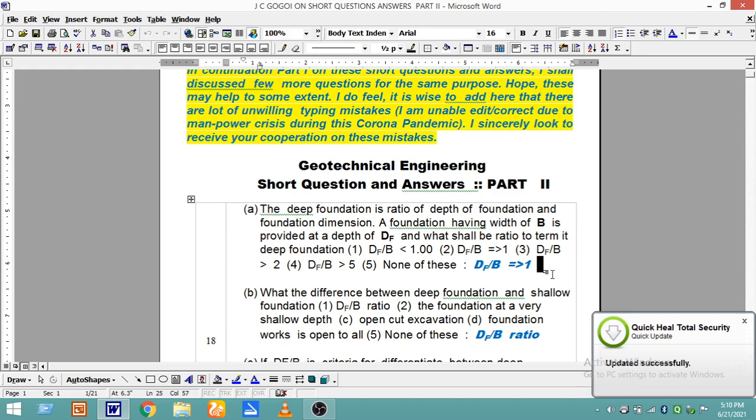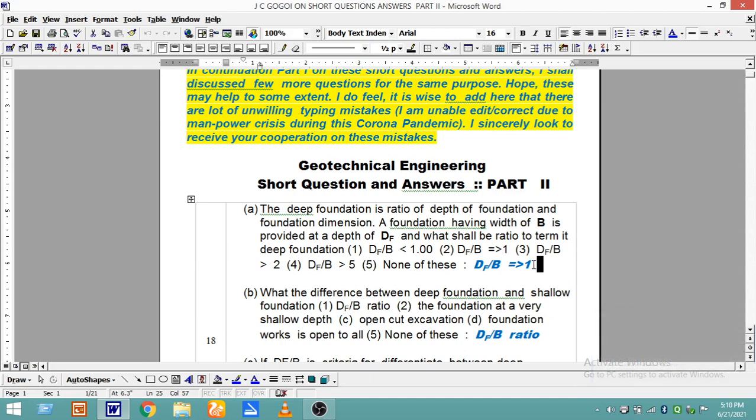But these we call shallow foundation. Although it was defined that if D by B is greater than 1 then it is deep foundation, we are not saying that. Deep foundation we normally say means well foundation or pile foundation, etc. only.